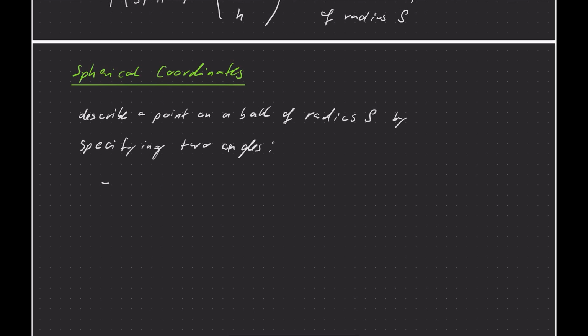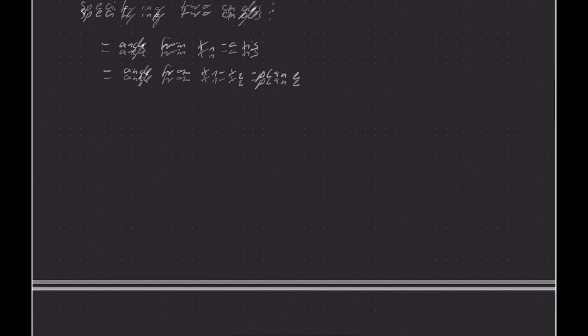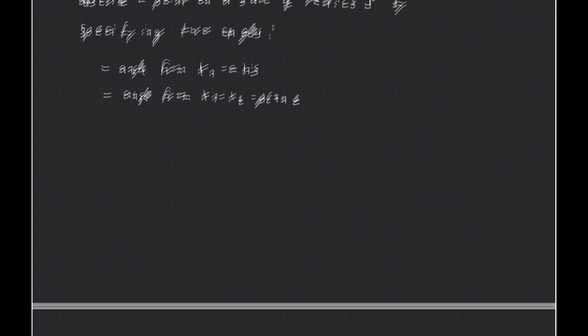The first is the angle between that point, so to say, and the x1 axis. So angle from x1 axis. And the other is the angle from the x1, x2 plane. So kind of the elevation of that point. Let's see a brief sketch to make this more clear.